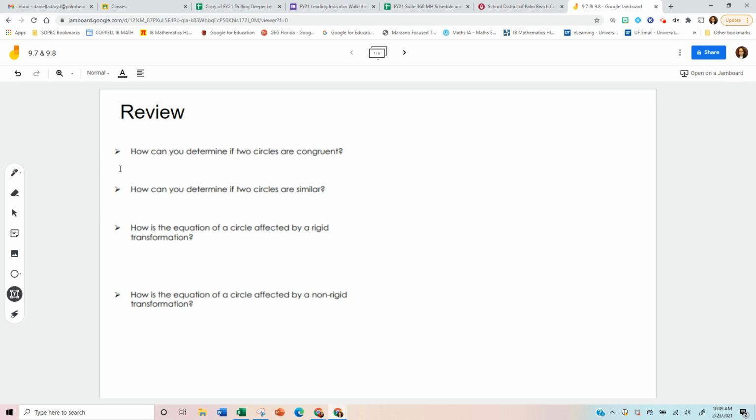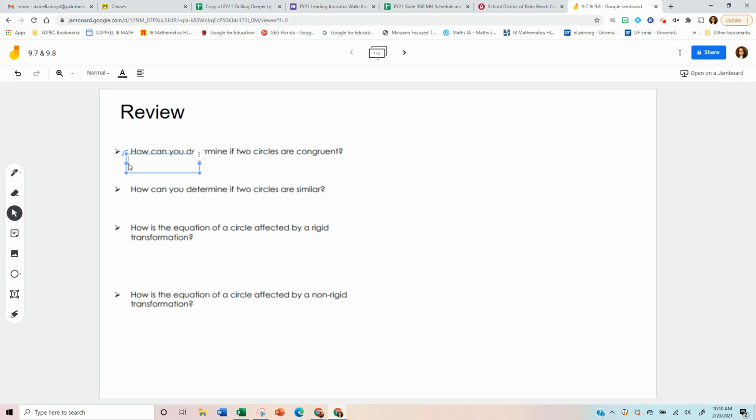So knowing what you know about circles, what do you think is the most important part of the circle? Go ahead and respond. So the most important part of the circle is actually the radius.